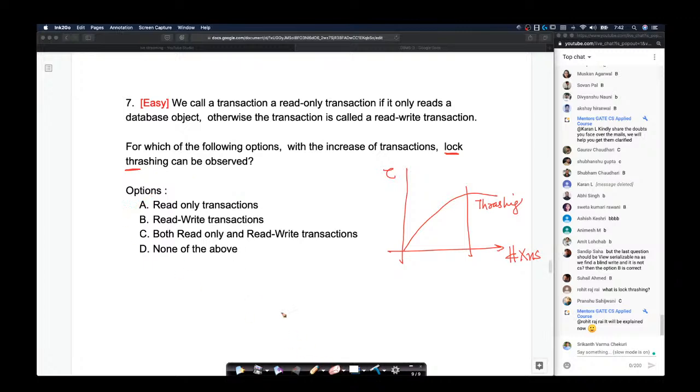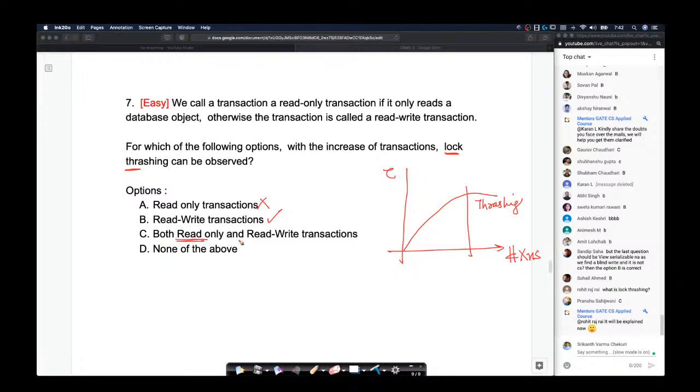Let me write it this way. So with the increase in transactions, lock thrashing can be observed. Certainly in read-only transactions, you don't observe lock thrashing because you don't have to lock in the first place, right? If you have read-write transactions, obviously locks need to be there. This whole diagram is valid when there are both read and write operations. So this option is certainly true, but let's read the other options.